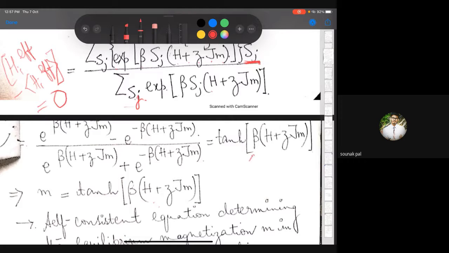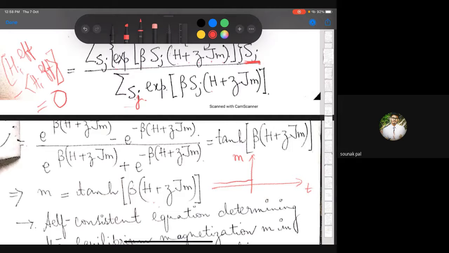Let me draw a picture to pictorially depict what you have in mind, and then you tell me whether I am right or wrong. So you have the magnetization as a function of time. Initially, the system is in equilibrium, meaning that there is an average magnetization.